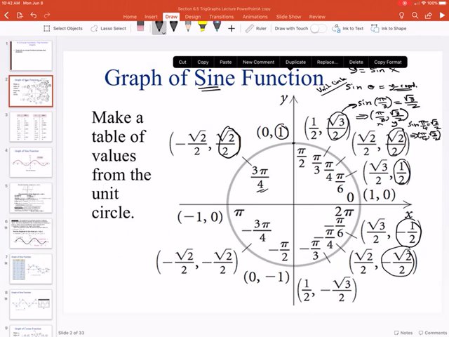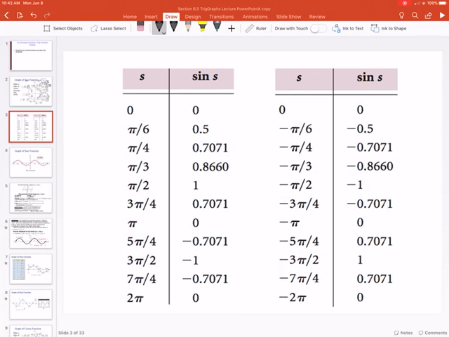That's what I've done here on the next table. Here's our table of values. I've got my input, my radian measure, and I've got their output. Sine of pi over 6 is 1/2. Sine of pi over 4 is square root of 2 over 2. Sine of pi over 3 is equal to the square root of 3 over 2.